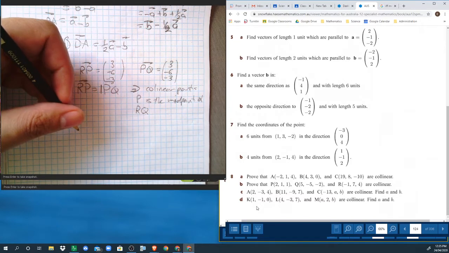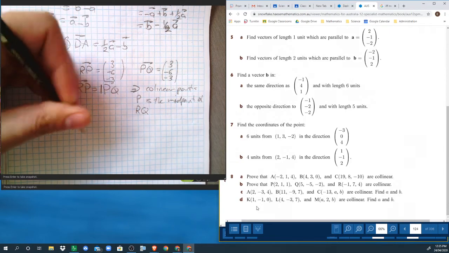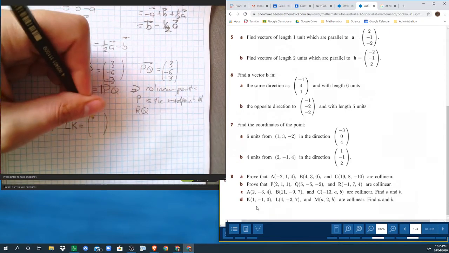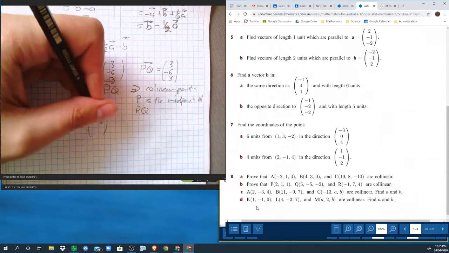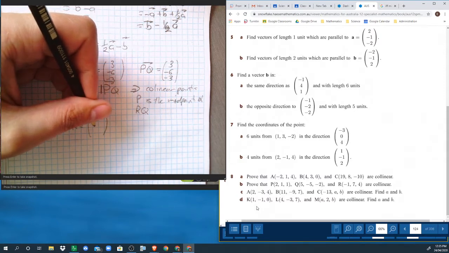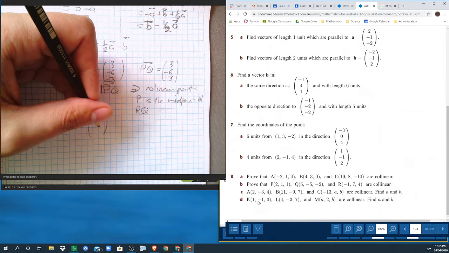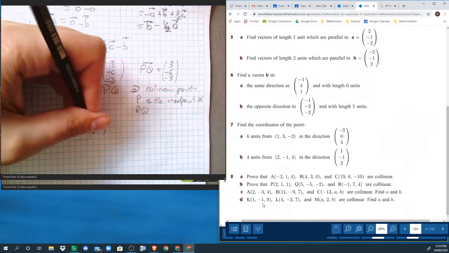So LK. Okay, L to K is -3, and I've got -3 to -1 is +2, and -7.